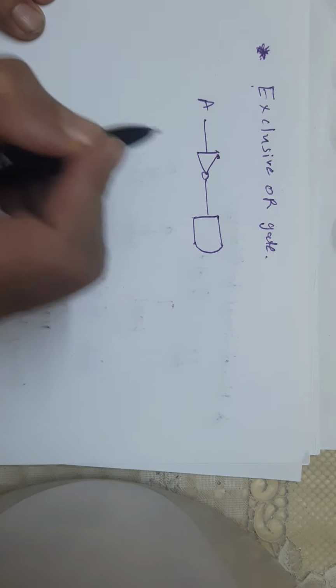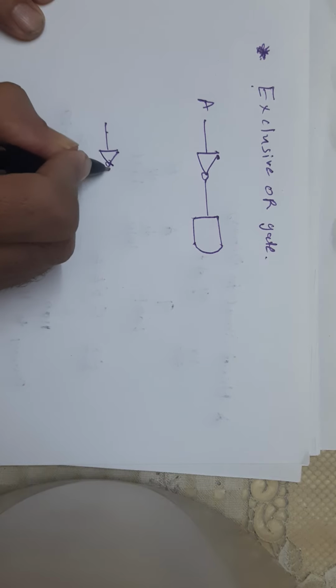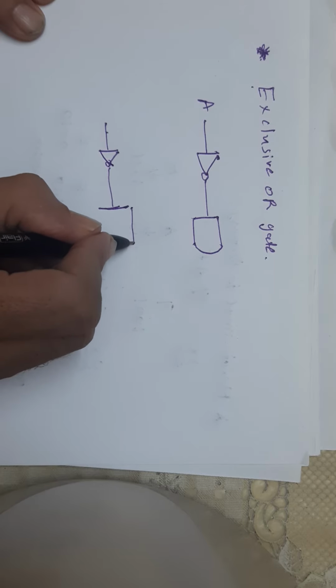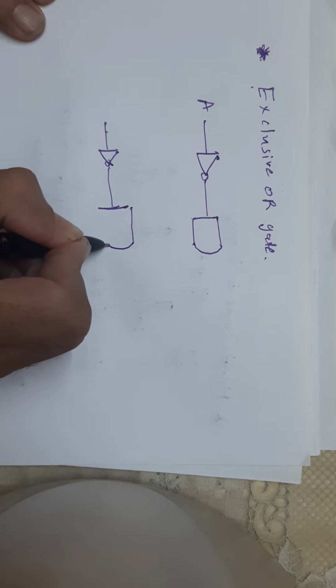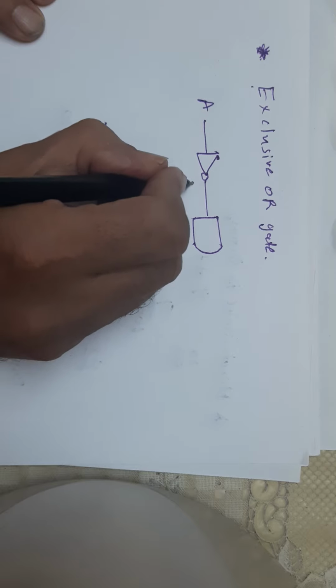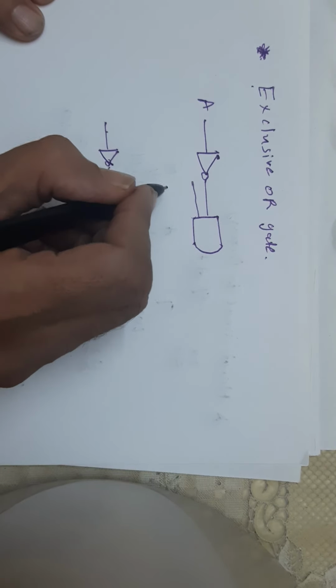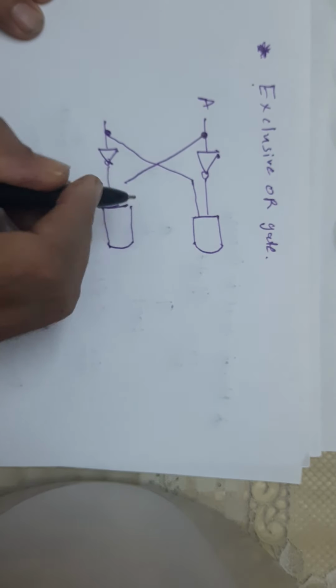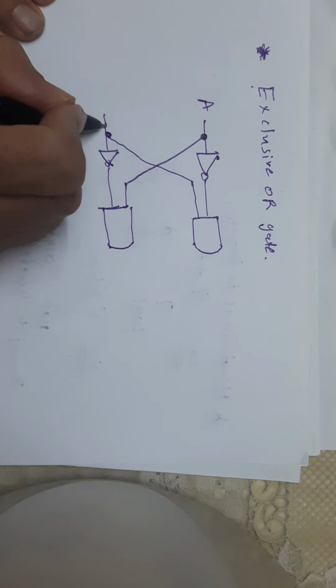This is your input A. Second one, NOT gate. This is the second gate, whose second input is connected here. This is your input A and input B.